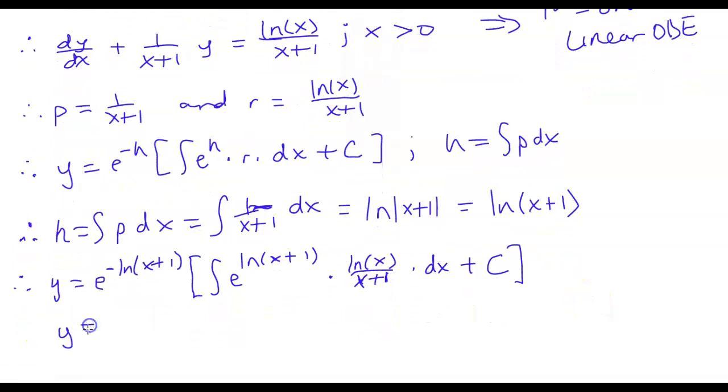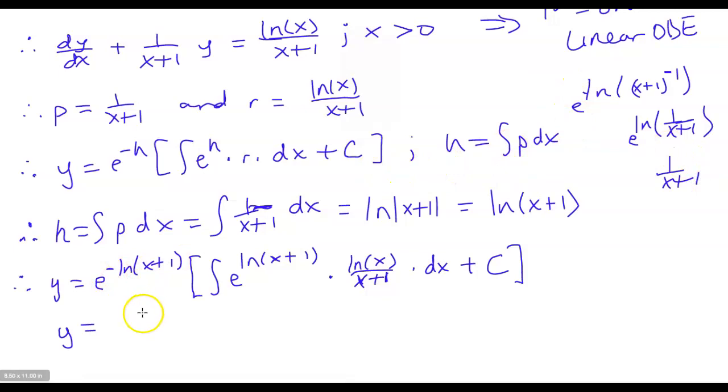Now from here, we know that this minus sign can be brought up to the exponent of the x plus 1. And natural log of x plus 1 raised to the negative 1 would just be the same as natural log of 1 over x plus 1. So if I had e here like this, the result would just be 1 over x plus 1.